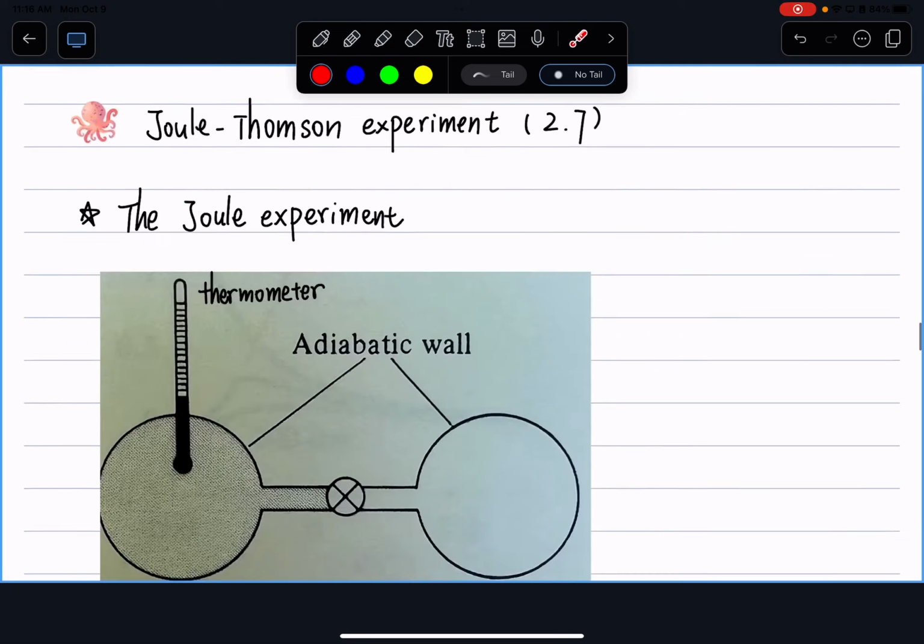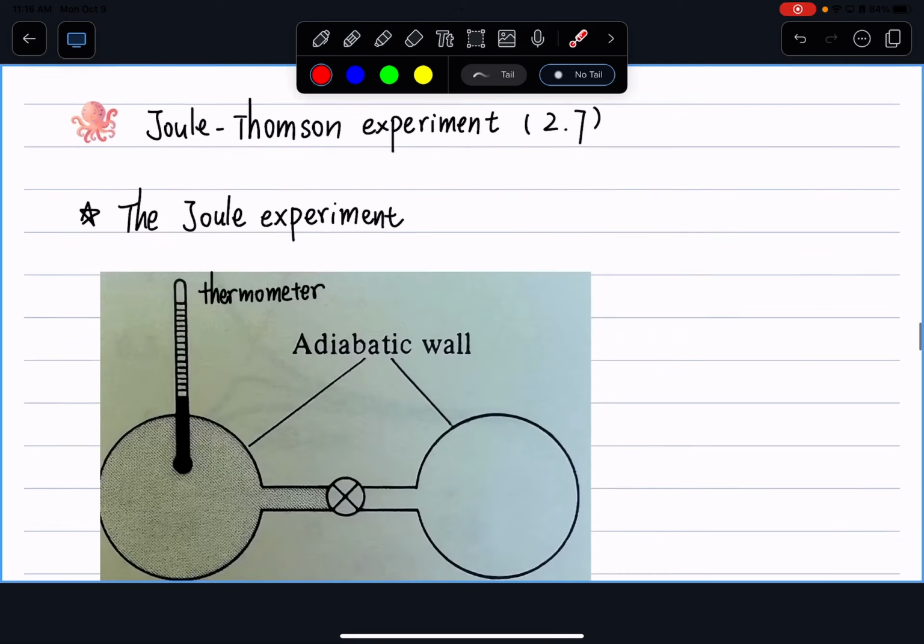Okay, so that's a Joule experiment. That's a same internal energy process. And we have a different variation of the Joule experiment. That's called the Joule-Thomson experiment. The setup for the Joule-Thomson experiment is only a little bit more complicated than the Joule experiment.